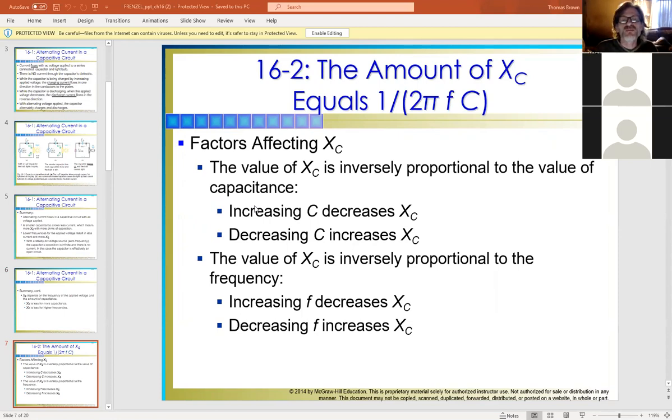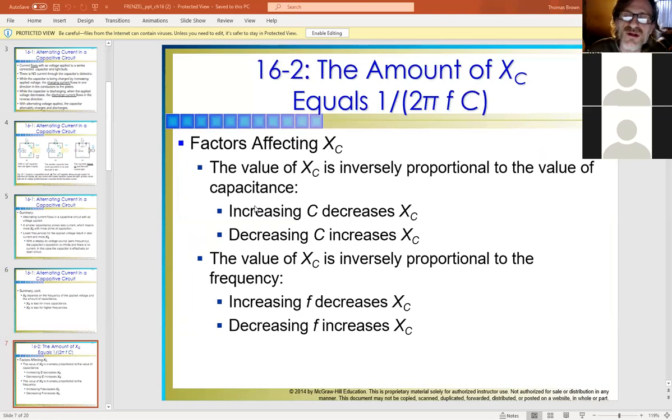In this case, he makes his statements where increasing C decreases X of C, and decreasing C increases X of C. It's inversely proportional. Because of that fraction, as you raise or lower the value of C, you will affect the actual result in an inverse relationship.